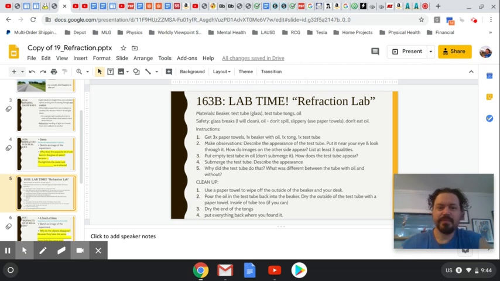All right, so what we would do is make some observations, look at the appearance of this test tube, look at the appearance of this beaker, and think about how images on the other side of these things look. Looking at me through this, you can see that my image changes, right? I get Summer Beach Ready through the beaker, and then I get normal outside the beaker.